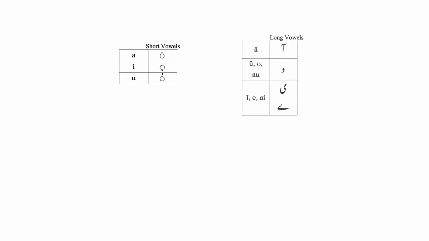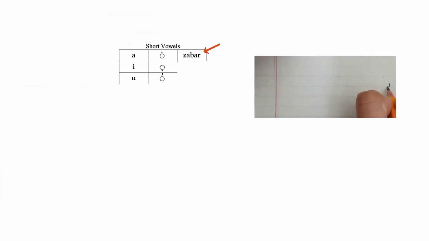So there are 3 short vowel symbols. Again, they're placed either above a letter or below a letter. Our first symbol is called zabar, and it's placed above letters.